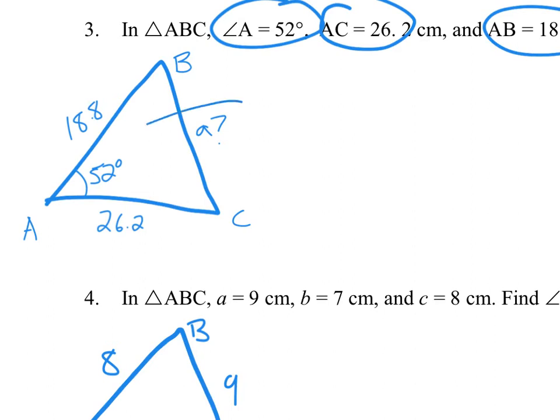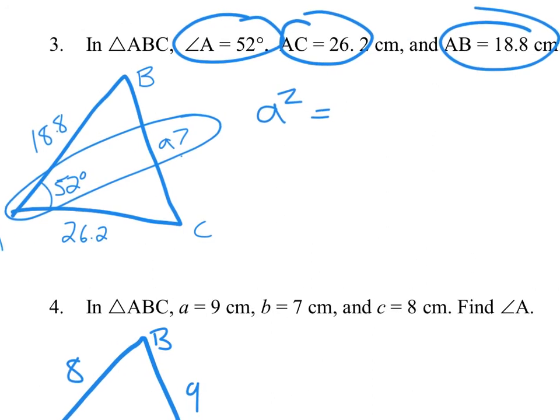You're still solving for the same thing. What are we all solving for here? We're solving for this side length A. I can't use sine law because I don't have any sides or angles that match up. So I have to use this cosine law method. So what that is when I'm solving for a side length, I need the angle that matches. So that's why I circled that 52 that matches to the angle A. Then we're just going to use the formula, which says take the other side lengths.